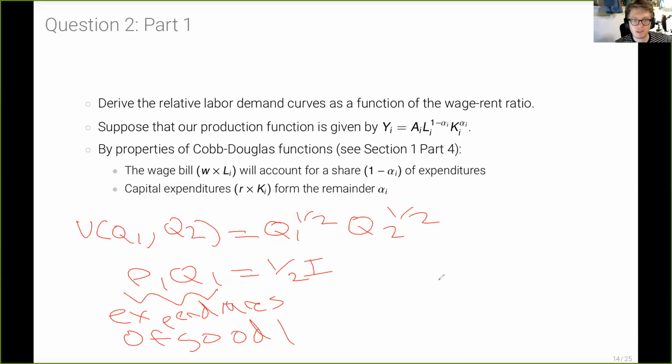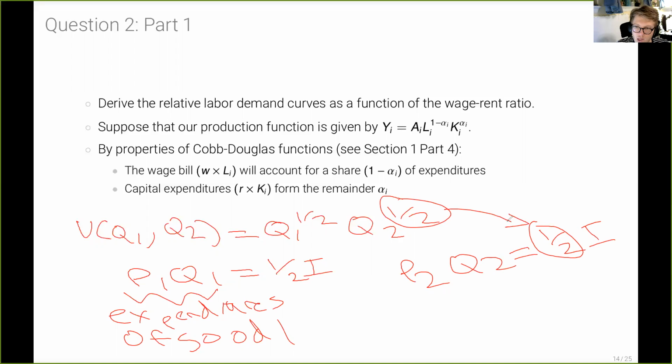And likewise, we're going to spend the remaining half of our income on good 2. These shares come directly from the exponents. If this exponent was different, so would the share of income being spent on the good. So that's just a quick rehash of section 1, part 4.